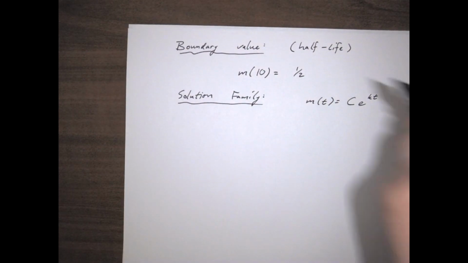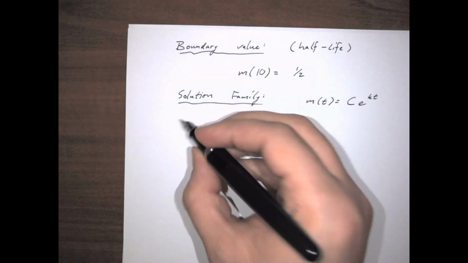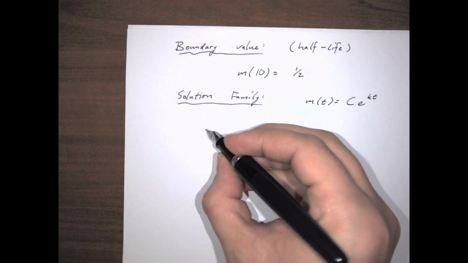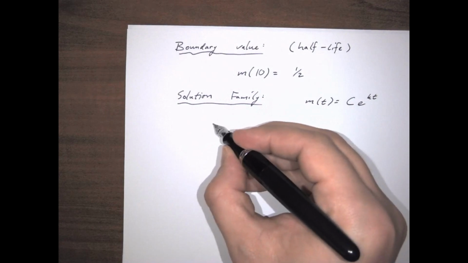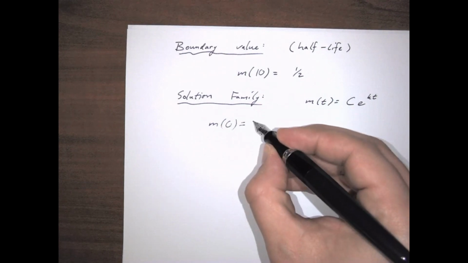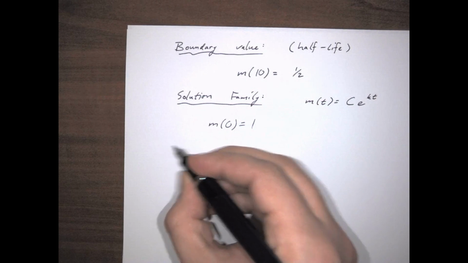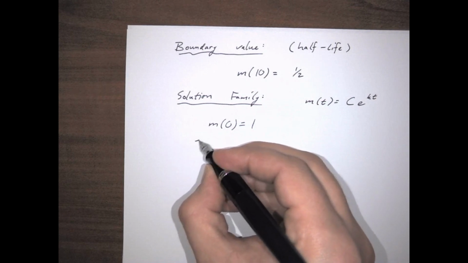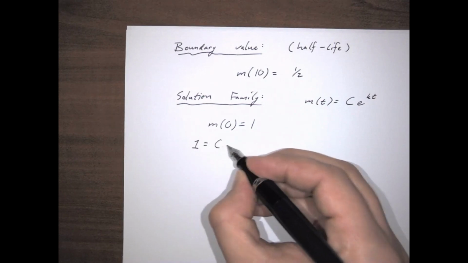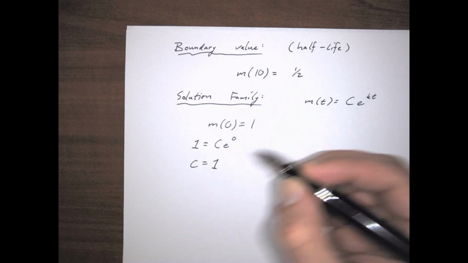So we can just use the boundary values here to find the values of these two things. Okay, so m of 0 equals 1. That means that 1 equals c e to the 0, which means c equals 1. Nice to know.